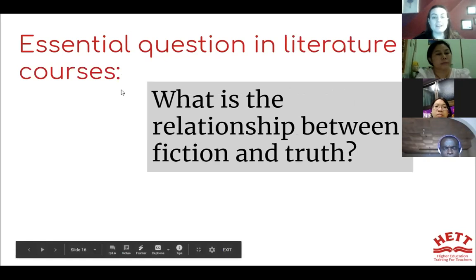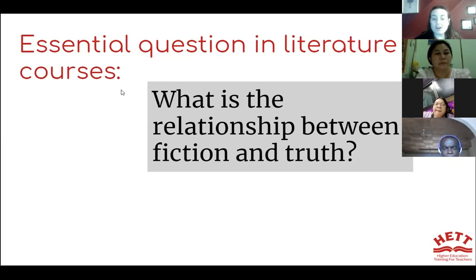Okay. In a literature course, what is the relationship between fiction and truth? So if you have a literature course, especially on fiction, what is the relationship between these fiction books and truth?